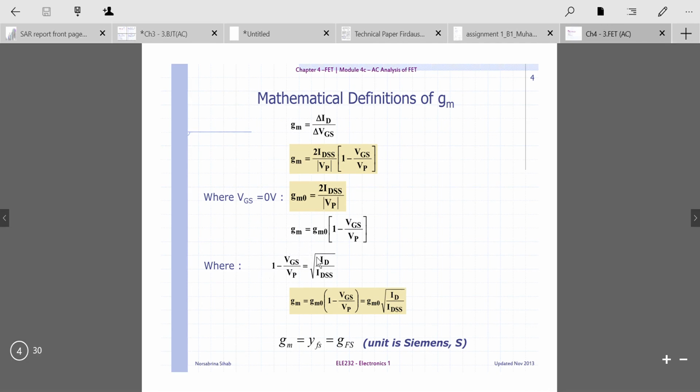So when you move the power and also the current, you will get this equation. By substituting this equation into the equation of gm over here, you will get this equation. For your information, gm is equal to yfs and equal to gfs. Yfs is the admittance, so it is actually 1 over.